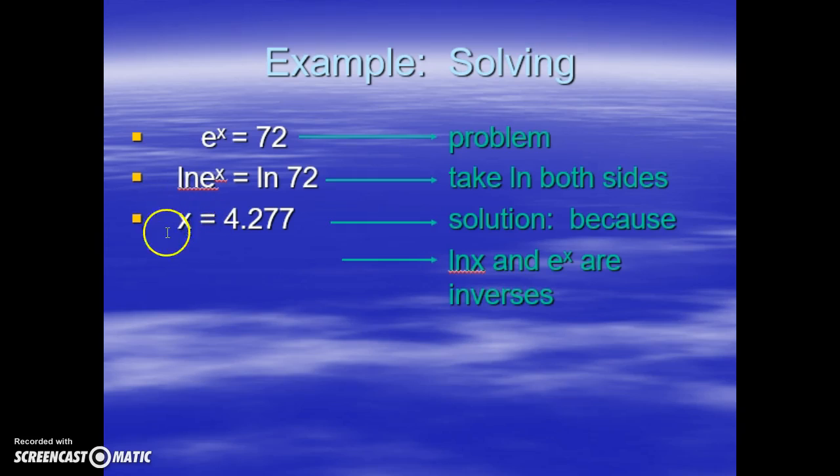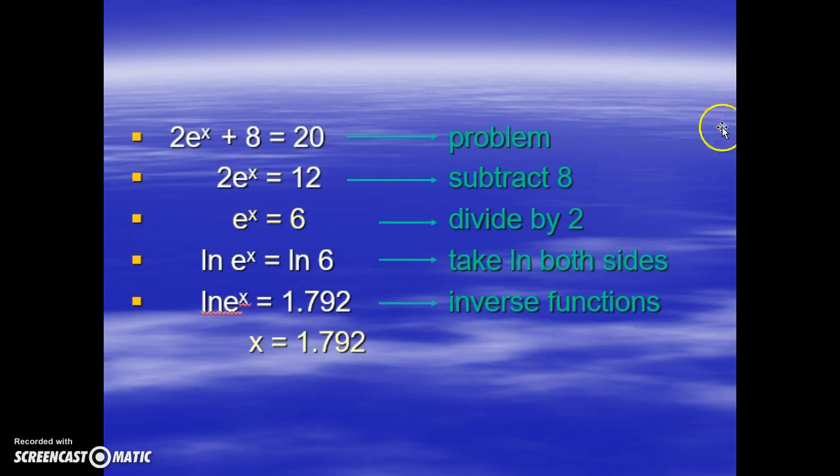Since they're inverses, it just leaves me with that initial domain input value that I had, and here we can see it was x. So again, natural log of 72 is a perfectly good number. Nothing wrong with it at all, but you can put it in your calculator and you will get 4.277. Again, all answers must be accurate to 3 decimal places.